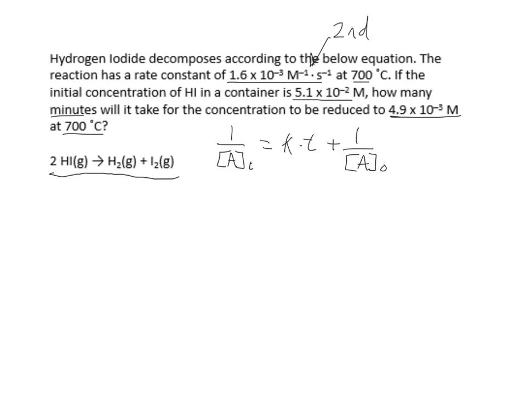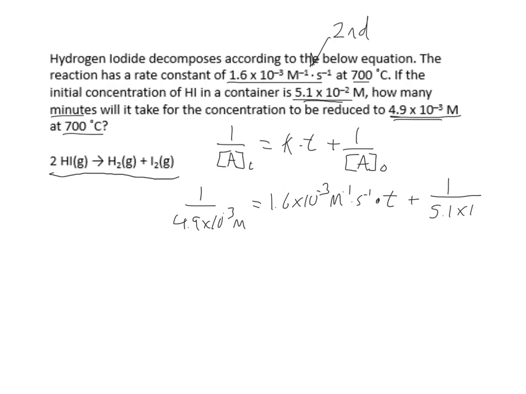Substituting these values, if this is our rate constant, this is our initial concentration, this is our final concentration, we would say that 1 over the concentration at time t, our final concentration, which is 4.9 times 10 to the negative 3 molar, is equal to K, which was 1.6 times 10 to the negative 3 molar to the negative 1 times second to the negative 1 times t, plus 1 over the concentration initial, which was given as 5.1 times 10 to the negative 2.